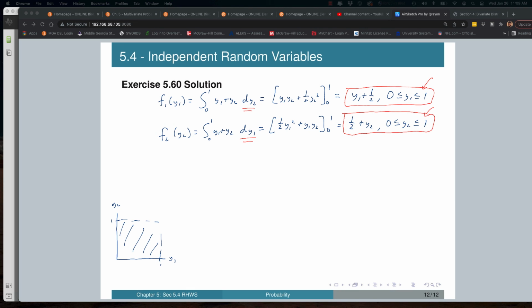We can still integrate this new integral to answer questions with respect to y1, as we saw when we had to do some things with conditional probabilities in 5.3. So it is important that we remind ourselves where that function resides.